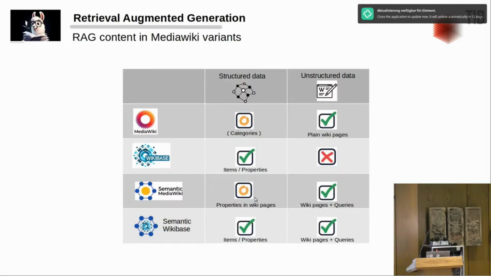So the charm is that we have the structured data properties, and we have the final result, like a wiki article, which is extended via semantic queries by the data out of the properties. And if we are using Semantic Wikibase, which is a combination of Wikibase and Semantic MediaWiki, we will also have both. We have the structured data out of the Wikibase, and we have the wiki pages extended via Semantic MediaWiki queries to have the final results.